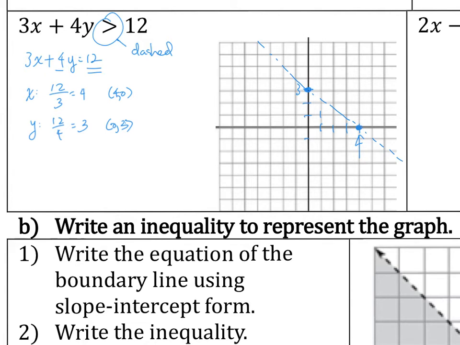Okay, and then I'm going to use 0, 0 to test the point. So this will be 0 plus 0, and apparently 0 is not greater than 12. So 0, 0 is not a solution of this inequality. So we need to shade the other half of the plane.